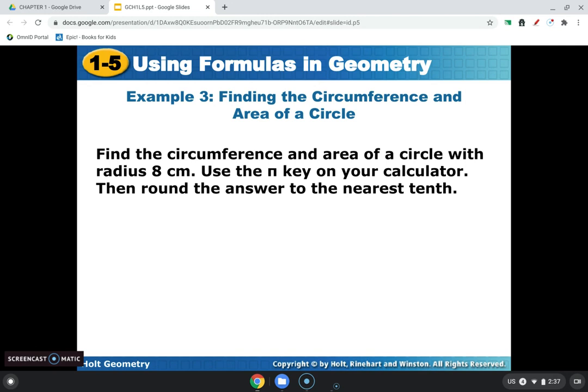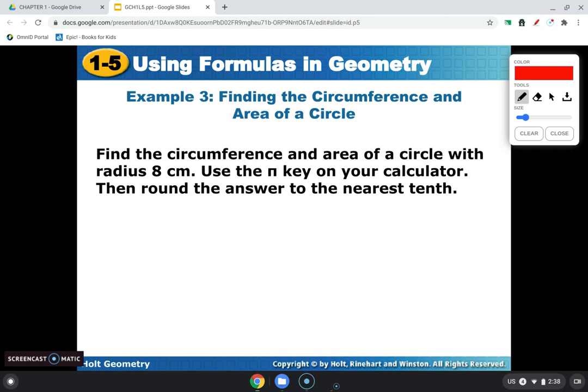Find the circumference and area of a circle with a radius of 8. Use the pi key on your calculator, round to the nearest tenth. So for circumference, we're going to go 2 times pi times 8. If I do that on my calculator, I get 50.3 if I round that to the nearest tenth, and that's the circumference, so that's centimeters.